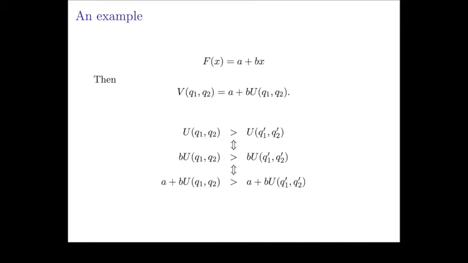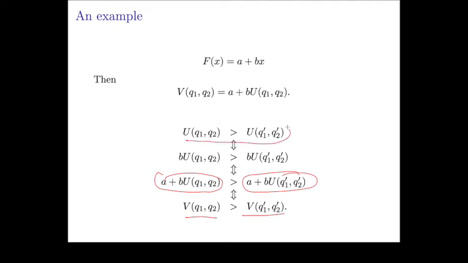Now if I add some constant a to both sides, it doesn't change the sign of the inequality. But this thing is just v of q1, q2. This is v of q1 prime, q2 prime. So v of q1 prime, q2 prime is smaller than v of q1, q2 if and only if u gives them the same relation. In other words, v and u order the bundles exactly the same way.